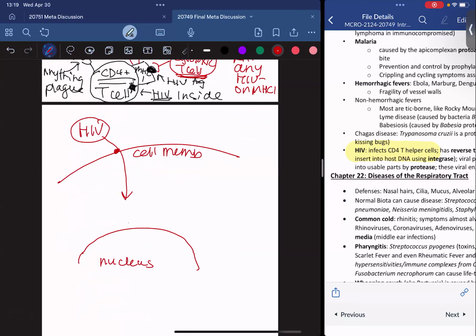And then we get the mRNA. Well, it's not mRNA, it's just RNA genome that will then get converted into DNA. So this is by a process that we call reverse transcription, driven by the enzyme reverse transcriptase.